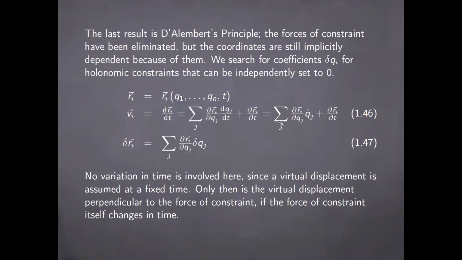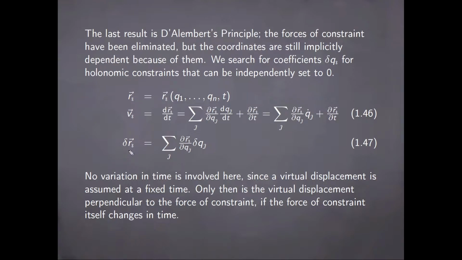So we end up with a sum over the generalized coordinates involving the partial derivatives of Ri with respect to Qj and multiplied with the corresponding generalized velocity plus the partial time derivative of the radius vector.